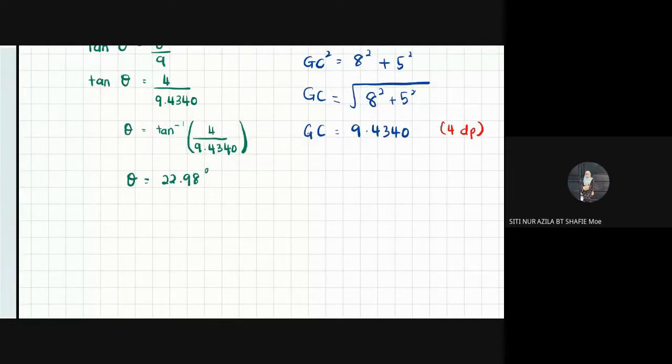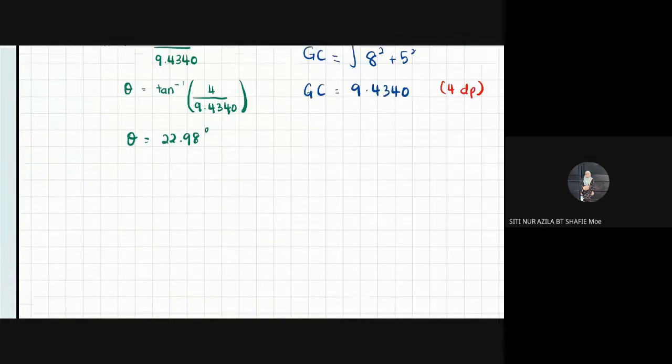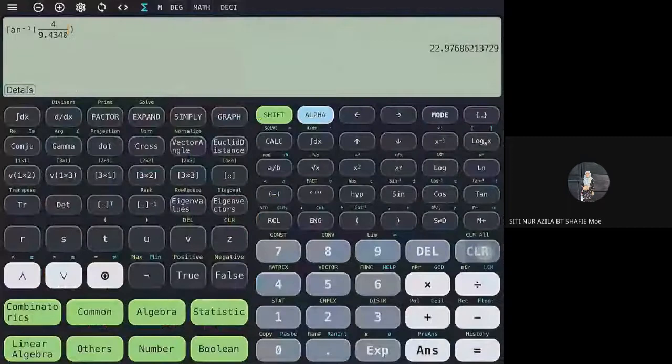Okay, you can write down your answer in degree mode, or if you want to be fancy with your answer and answer in degree and minutes, then just press the degree, minute, second button.